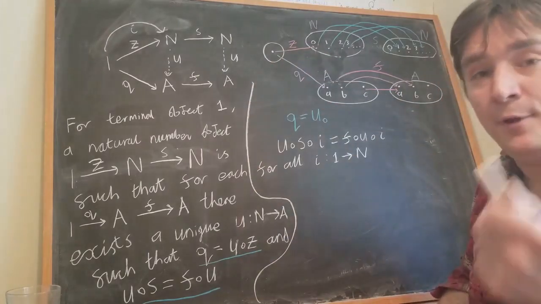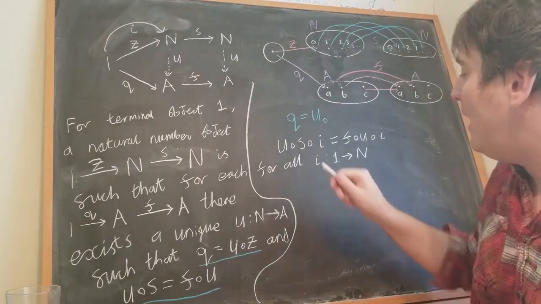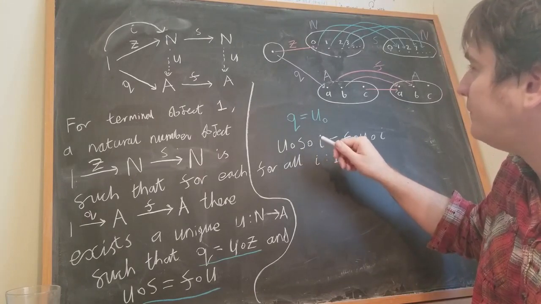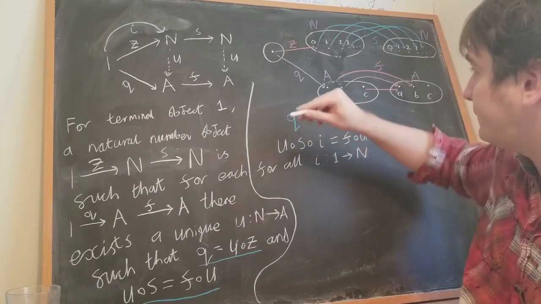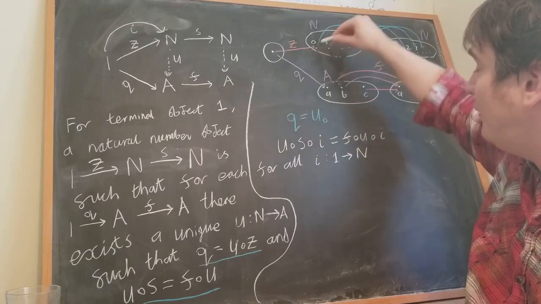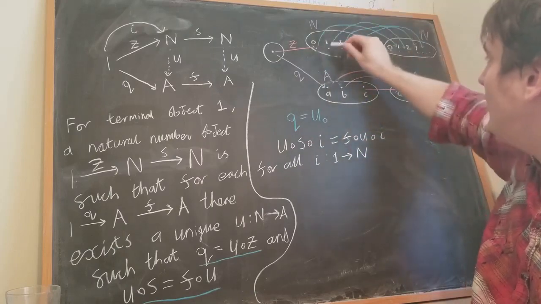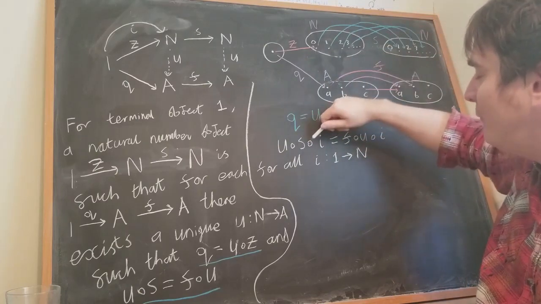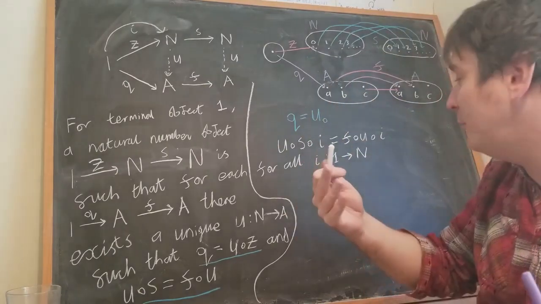Okay, but let's interpret that more. What's s after I? Well, I represents an element of n, and we want s to represent this successor operation. So s after I, we can write as I plus 1.